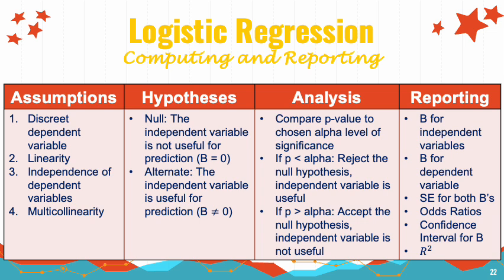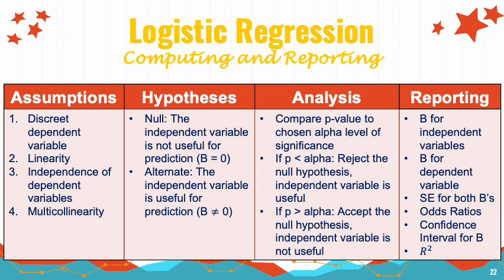If the assumptions are met, you build your null and alternate hypotheses, which you will note are the same as for linear regression because we are looking at each independent variable and analyzing its predictivity.